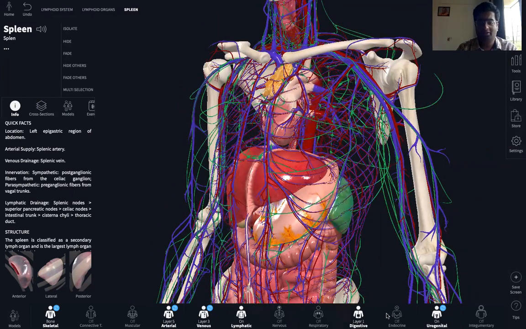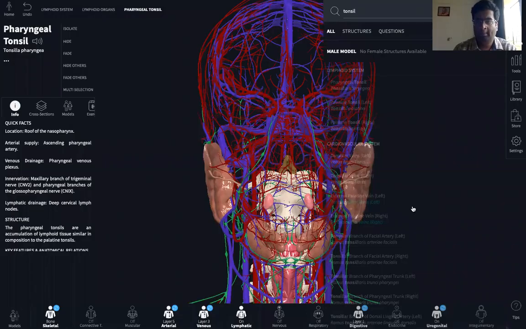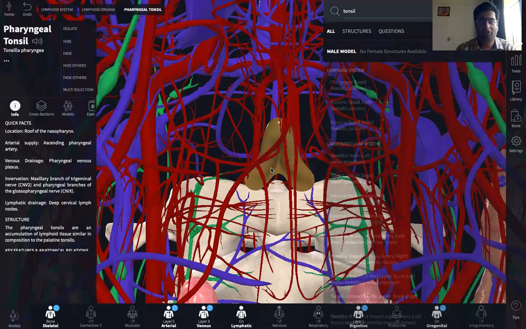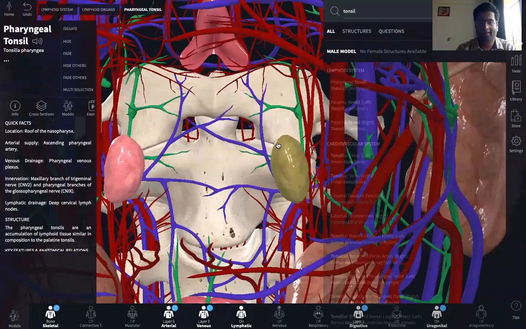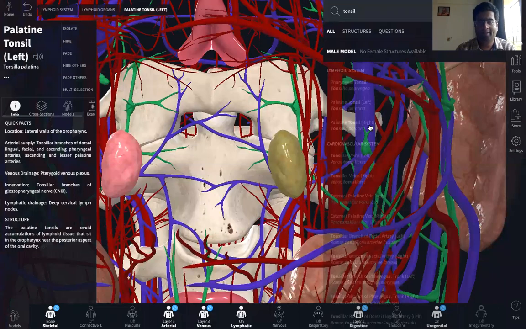I'll just highlight the tonsils on your screen now. The first out of the three pairs of tonsils are highlighted here on your screen. These are the pharyngeal tonsils. The next one that I come to is the left palatine tonsil. And then you also have the right palatine tonsil.